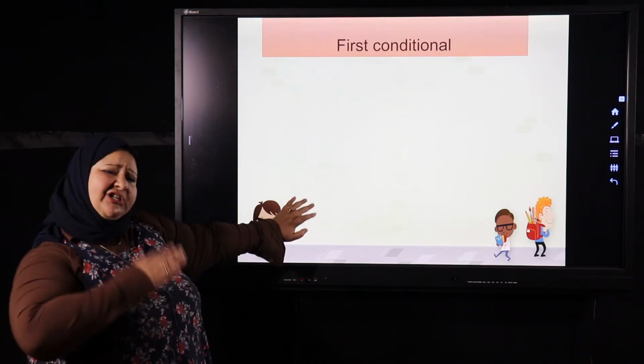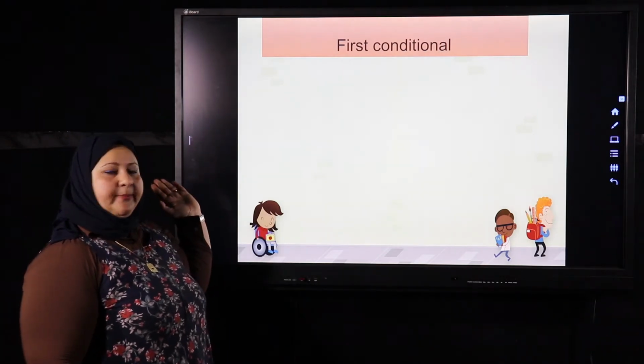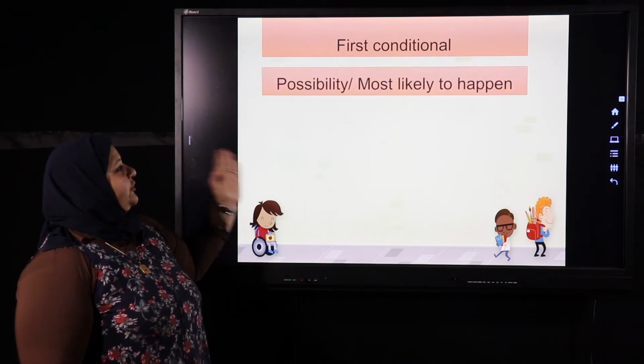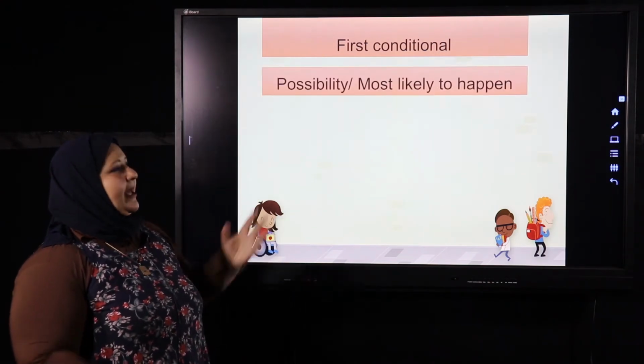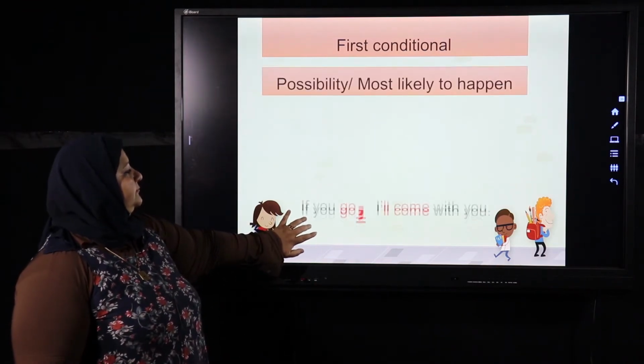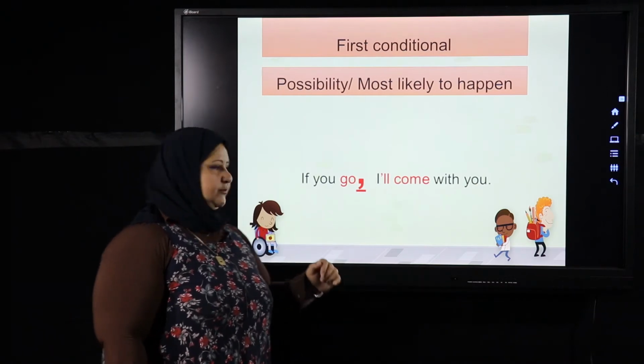First conditional, the first type. We took the zero type. Let us now learn the first type. The first type talks about possibility and the most likely things to happen. Example: if you go, I will come with you.